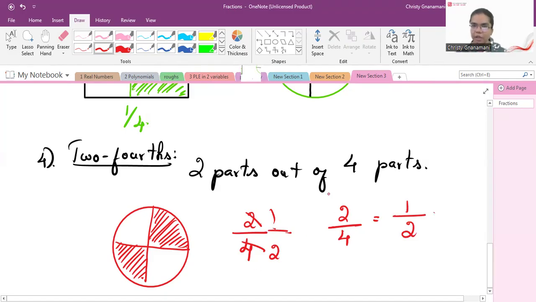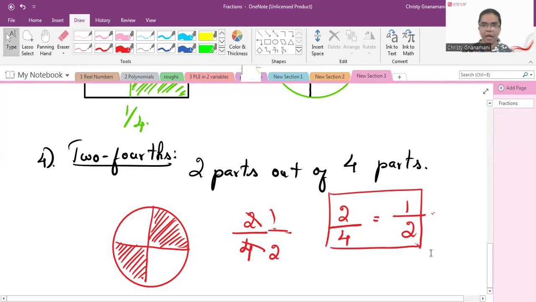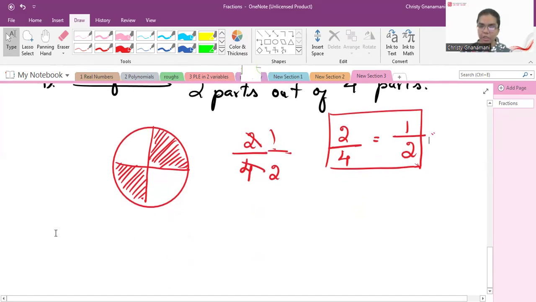These 2 fractions are equal fractions. Similarly, there are many other fractions. You can represent 1/5, 2/5, 2/3. So for now, let's start with this 2/4, and then we'll learn about the different types of fractions.